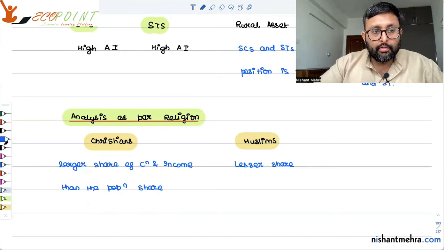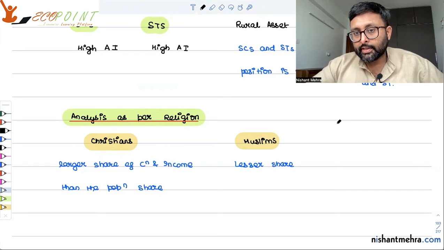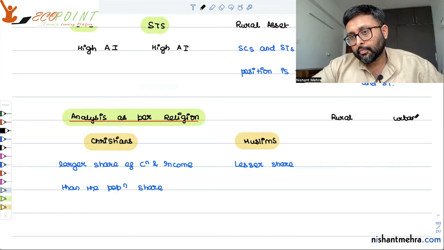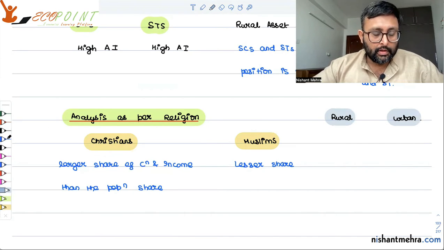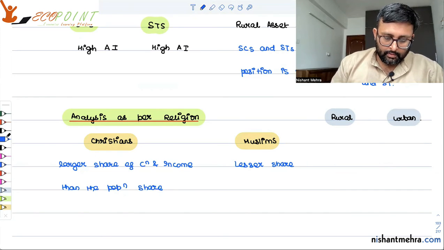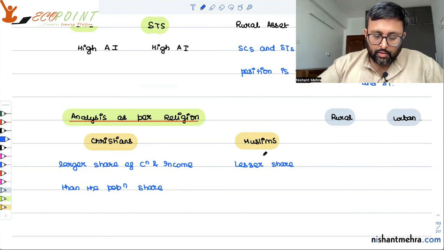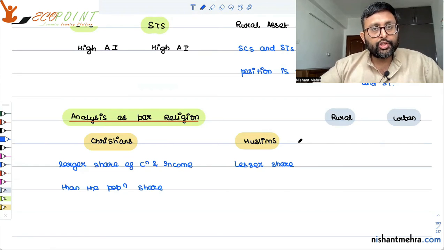Then he also says that if you look at the division as per rural and urban areas, in rural areas, their situation is a little better, but they're still worse off than SCs and STs.